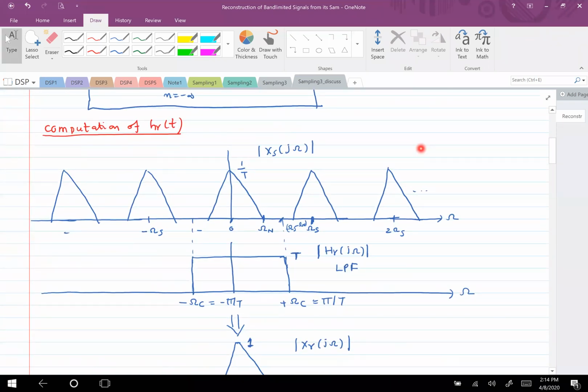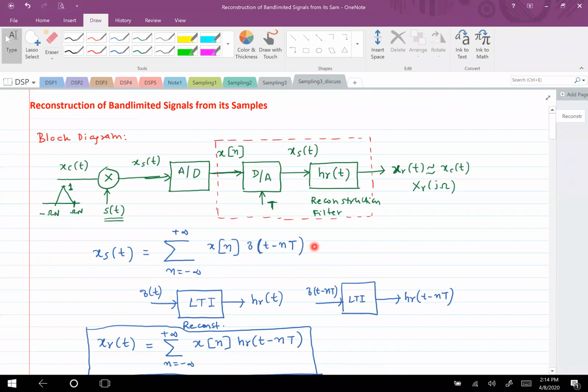You already know this, and it doesn't require much of an explanation, because we have already dealt with it. The moment you are coming from xc of t to xs of t, what's happening here? You are placing multiple copies. A copy is placed at omega s, getting scaled by a factor of 1 by t.